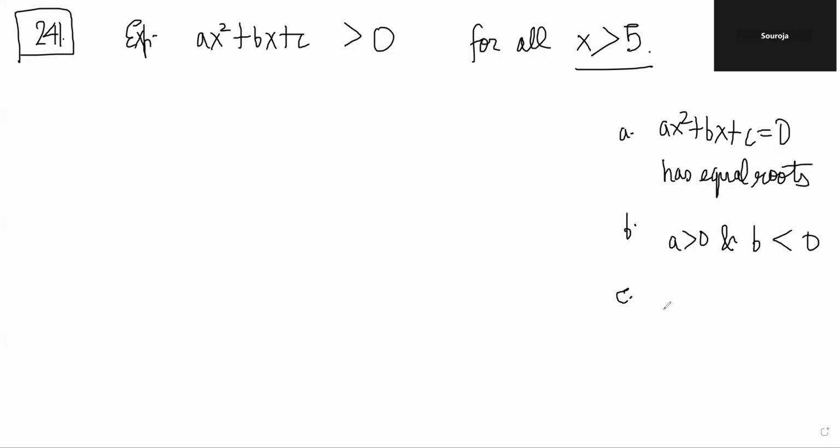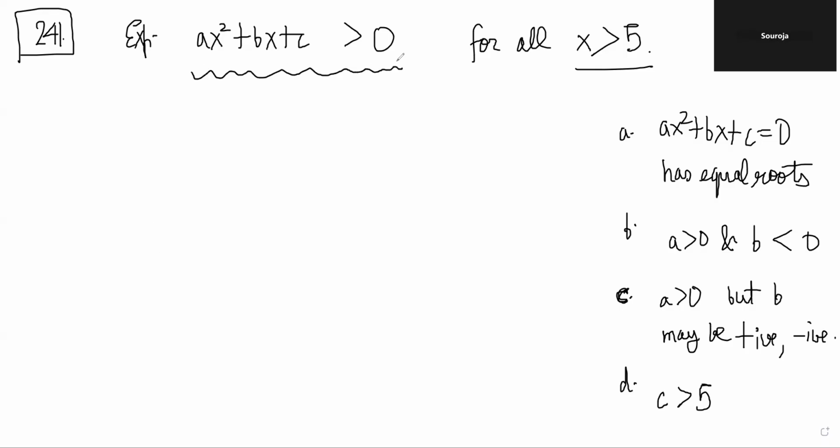Third option is a is greater than 0 but b may be positive or negative. And option D is c is greater than 5. So for all x bigger than 5, this quadratic is positive.